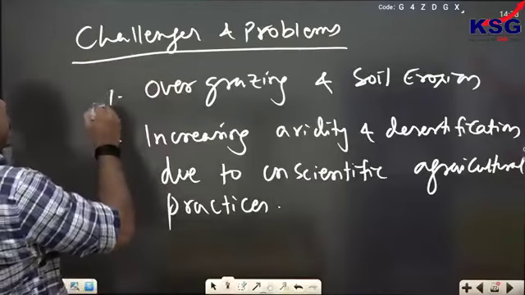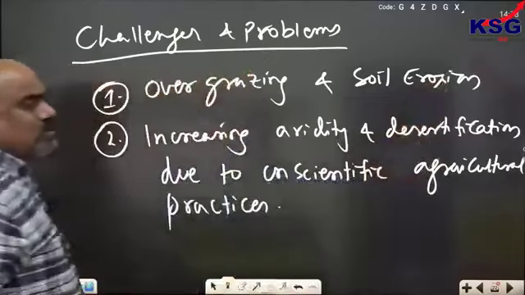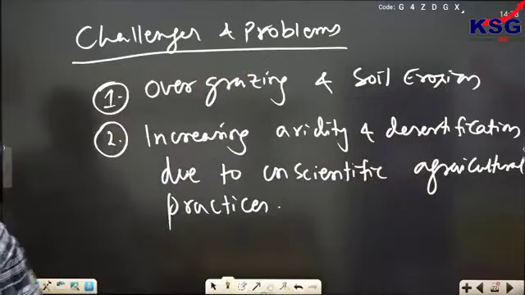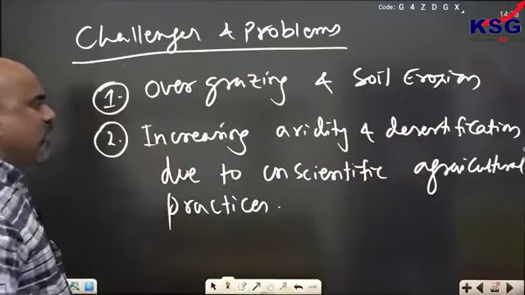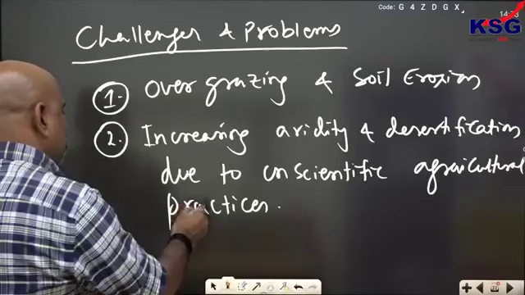Overgrazing and soil erosion is one factor. Increasing aridity and desertification due to the unscientific agricultural practices is also a major cause.